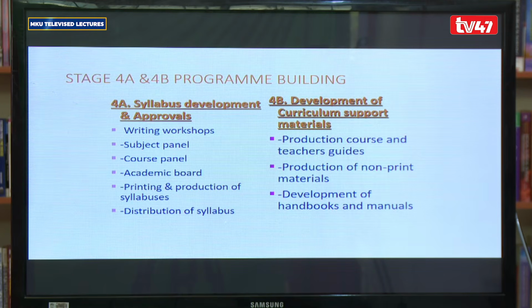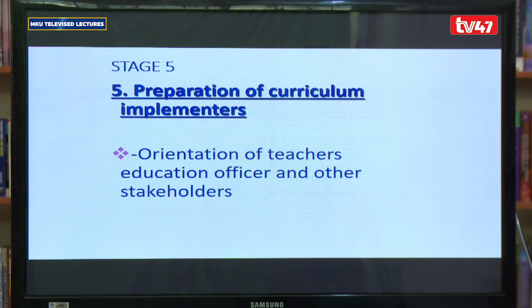Then part B of stage 4 is where we have the development of curriculum support materials. This involves production of course and teachers' guides, production of non-print materials, and development of handbooks and manuals. The whole program building will require experts' involvement.